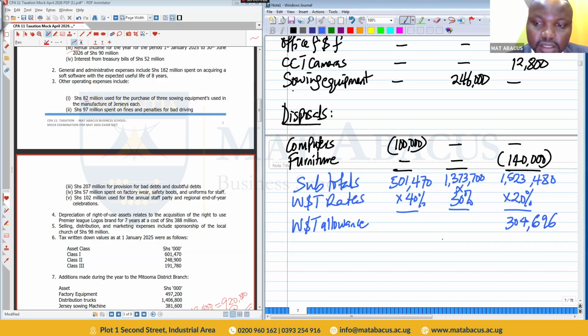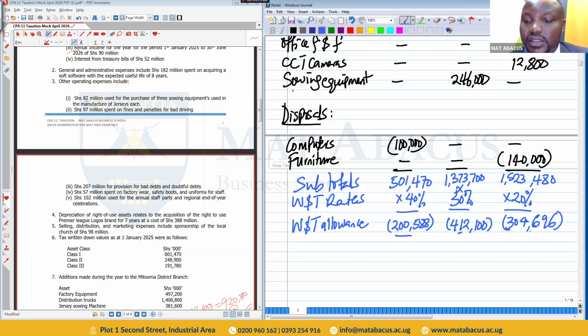Then 1,373,700 times 0.3 to give me 412,100. Then 501,470 times 40% to give me 200,588. Remember, these are allowable deductions, so you can put them in brackets.